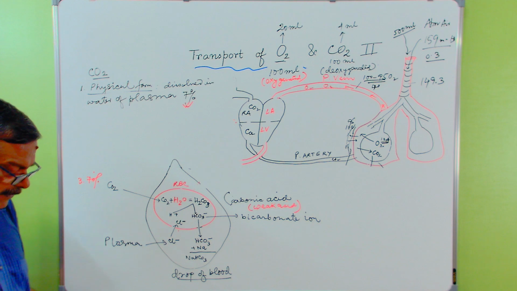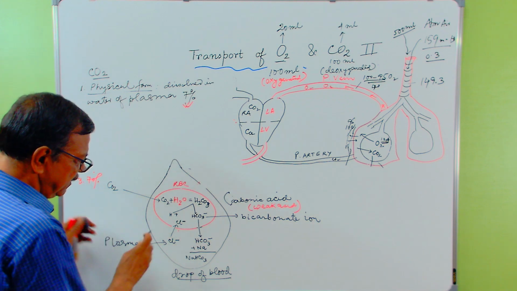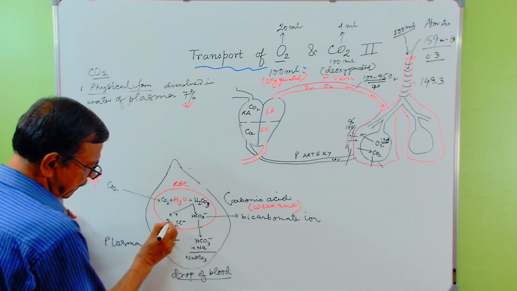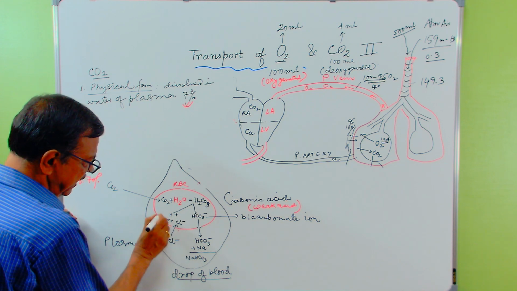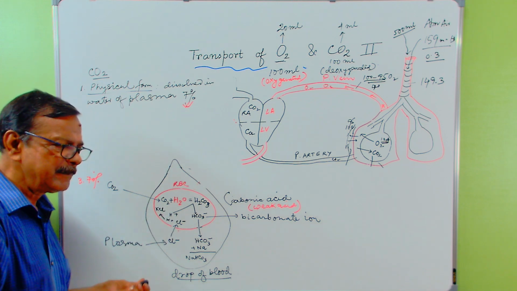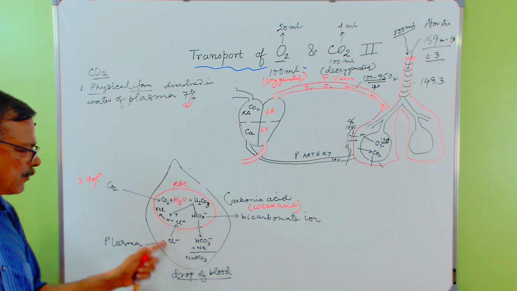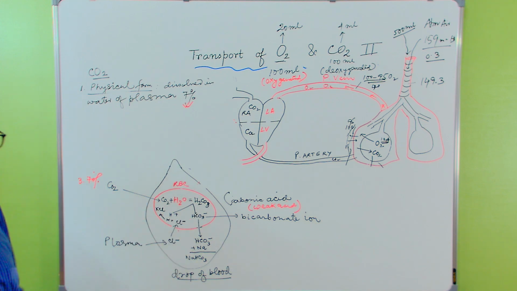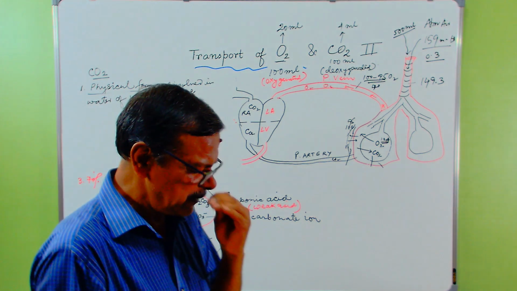This Cl ion then joins with K to produce KCl salt.